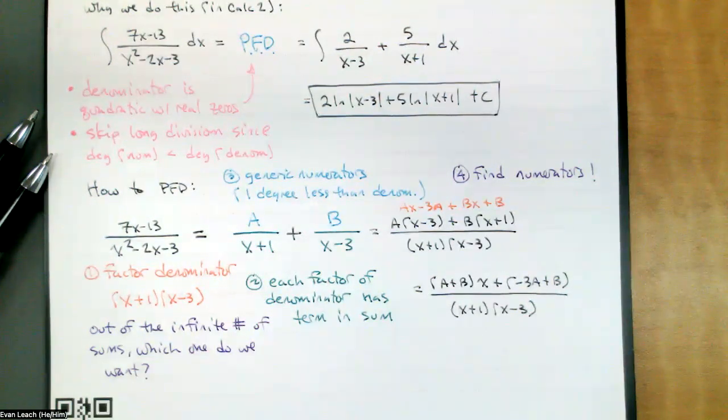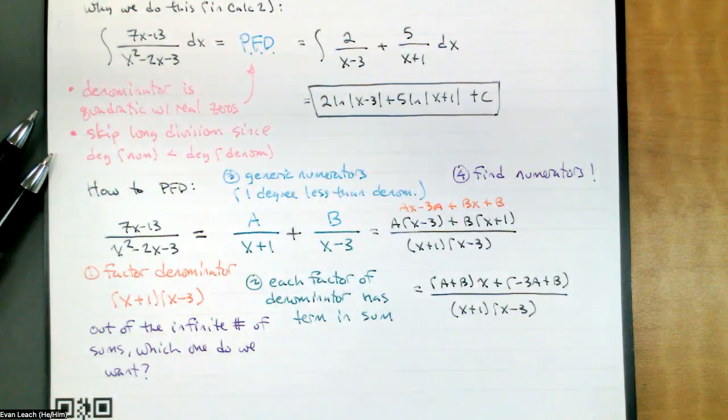The standard way of doing this is to add those fractions. Once you have set up after step 3, you have your generic numerators, add the fractions, and then set up a system of equations. So notice that 7x minus 13 has to equal a plus b times x plus negative 3a plus b.